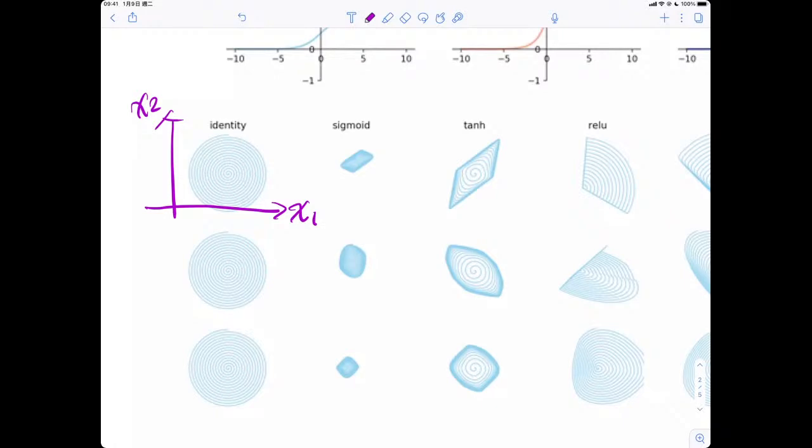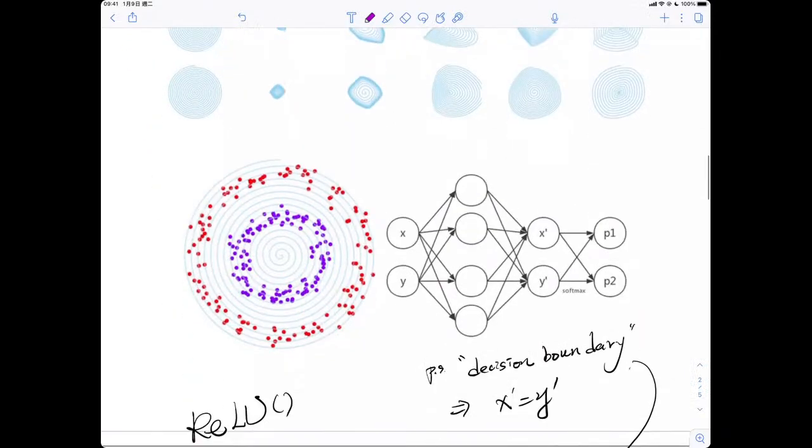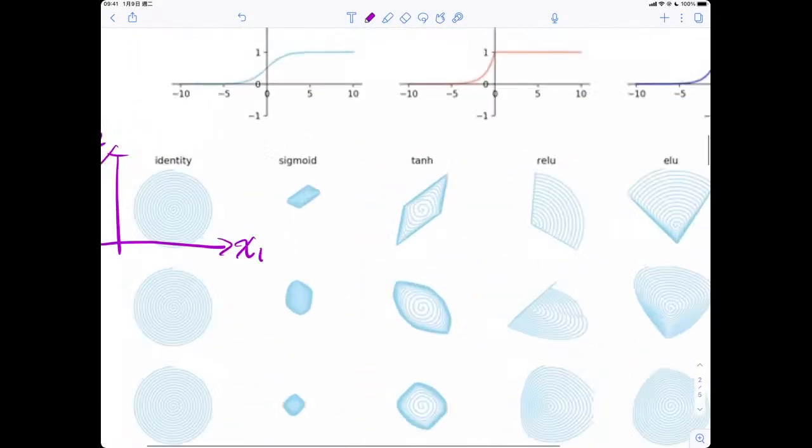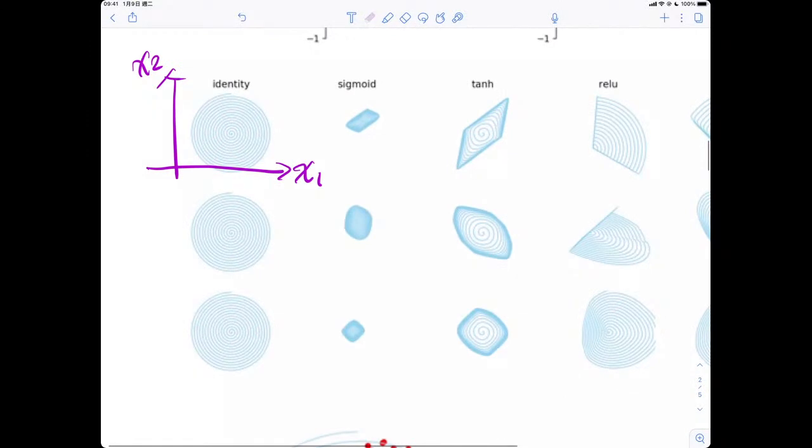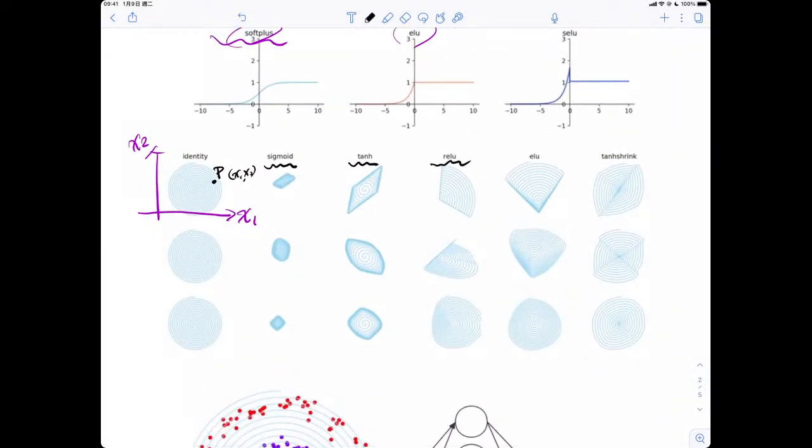After we apply sigmoid, we can draw another figure. For example, there is a data point right here, point P, whose value is x1, x2 in the original space. After it passes through the sigmoid function, hyperbolic tangent function, ReLU function, ELU function, and some other activation functions.